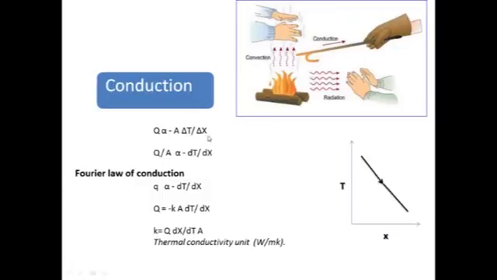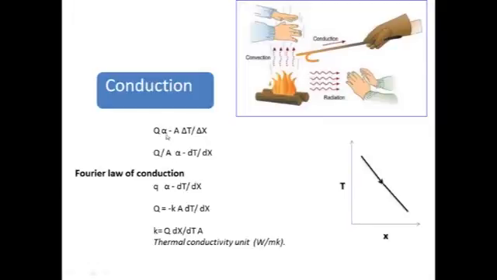If the thickness of the wall is large, it restricts the heat transfer. So Q is inversely proportional to delta X, thickness of the wall. Hence we can write Q is directly proportional to area, directly proportional to temperature difference, and inversely proportional to thickness.